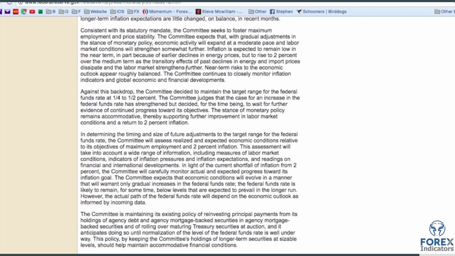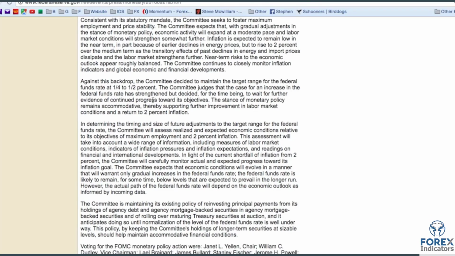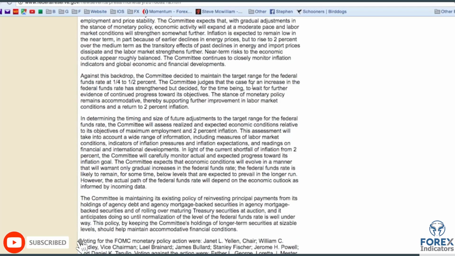And then going down, the committee decided to maintain, so this is their decision, they're maintaining the target range for the Fed funds rate, as we discussed, at 1/4 to 1/2 percent, or 0.25 to 0.5%, and they will determine whether at some point in the future there will be a need to increase rates.